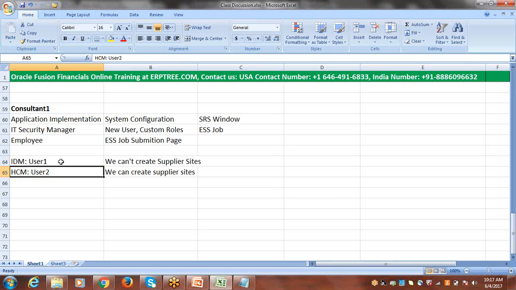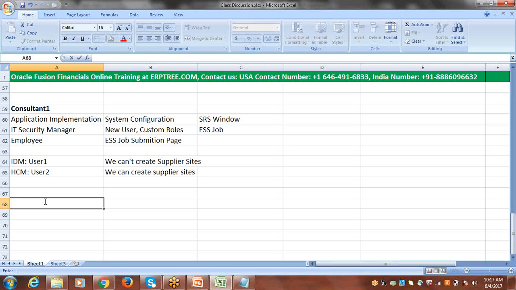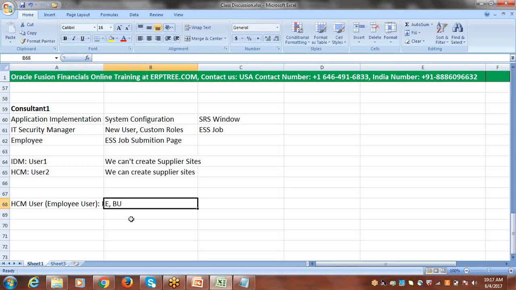The reason is, when you are doing a fresh implementation, creating an HCM user, which is an employee user who is allowed to define the supplier sites, needs a legal entity and business unit.